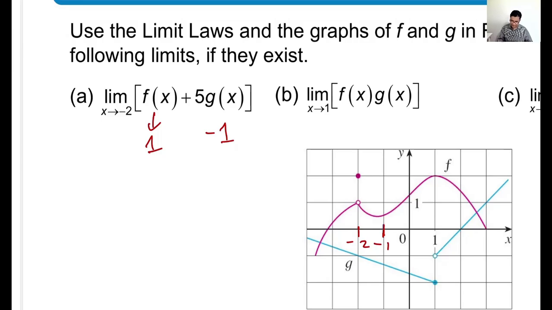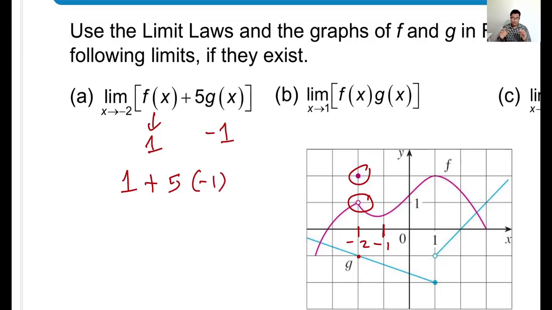The value of the function is different, and you remember that concept, right? The value of the function can be different from the limit. The limit is here. Limit of f is 1, limit of g is -1 at -2. According to this law, what will happen? 1 plus 5 times -1, as simple as that.